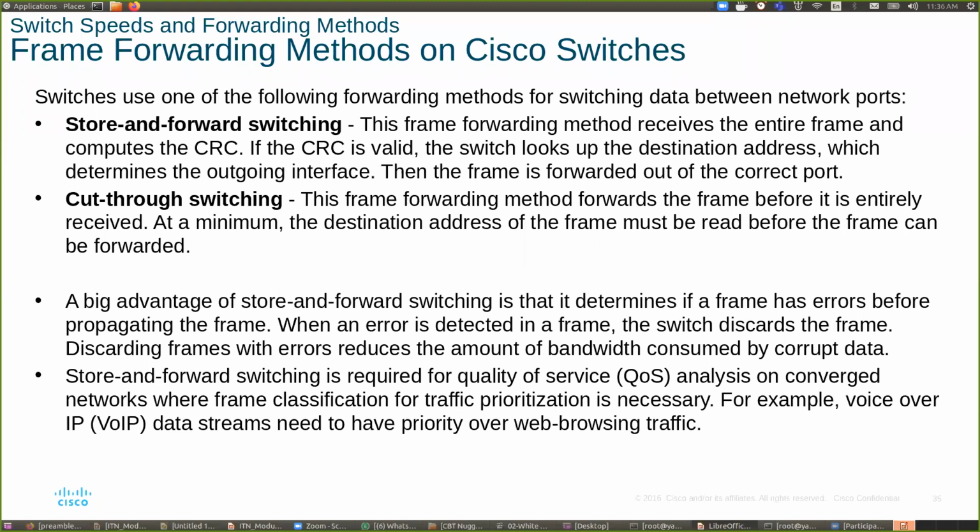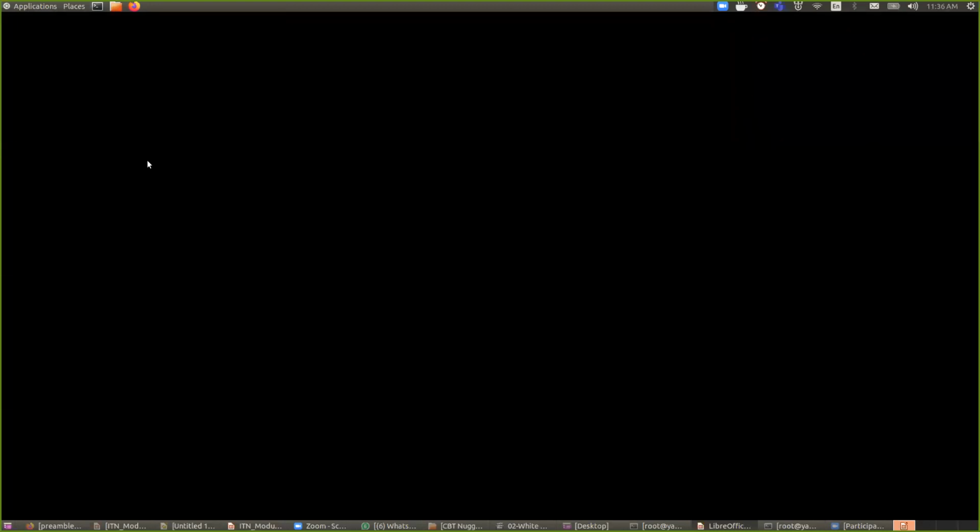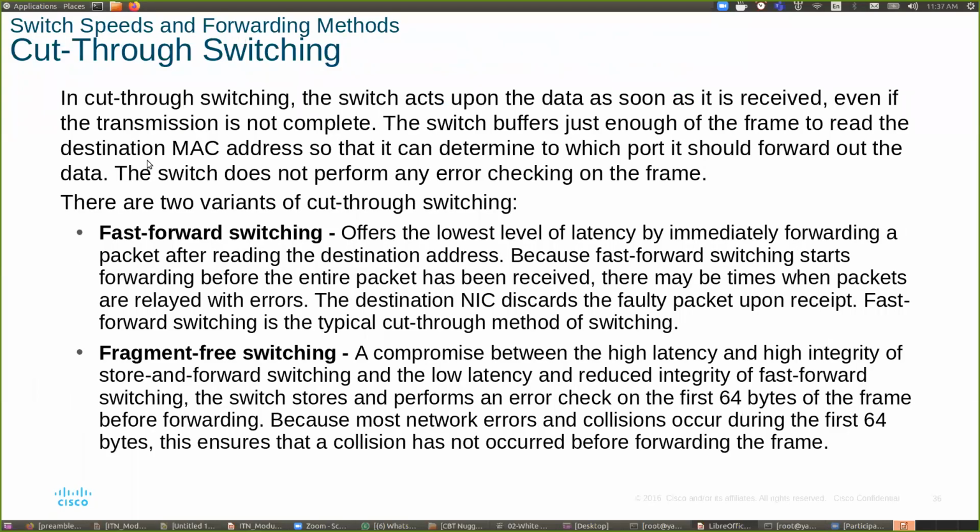But one thing is more important, frame forwarding. There is one thing called store and forward and cut-through forwarding. Most switches will be either cut-through or store and forward, or the other one is called fast forwarding or fragment free.